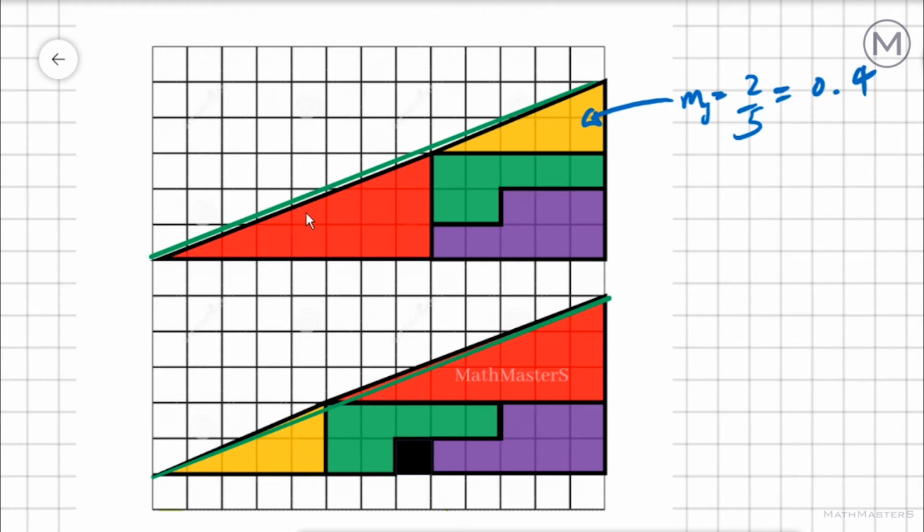But for the red triangle, you can see the height is 3 and the width is 8 squares. So m red should be equal to how much? 3 divided by 8, which gives you 0.375.